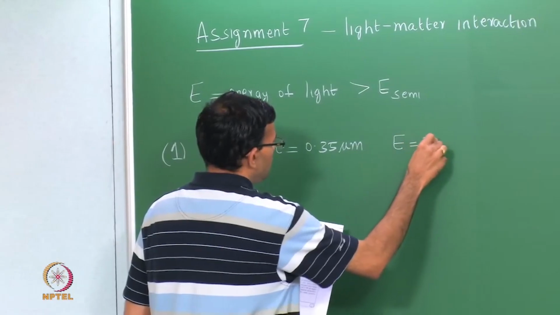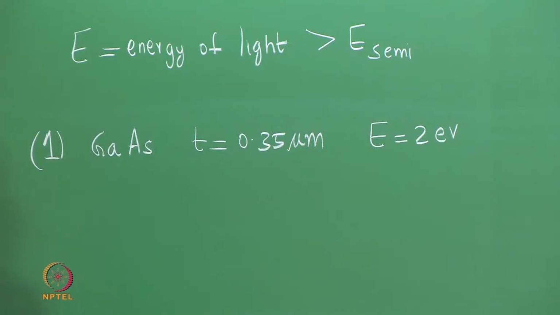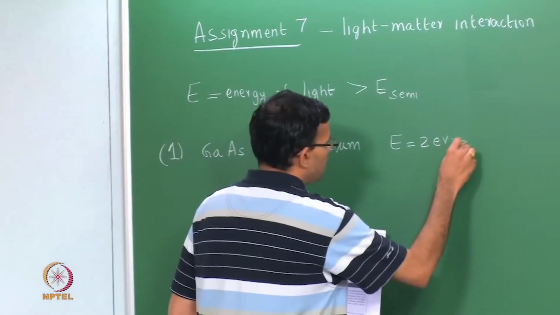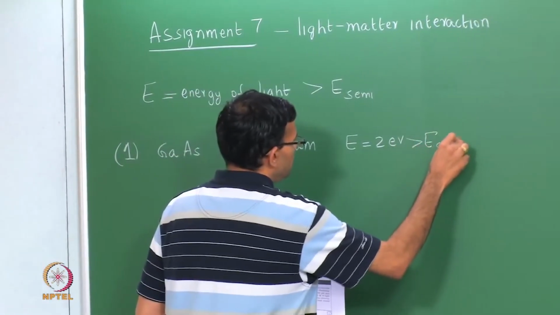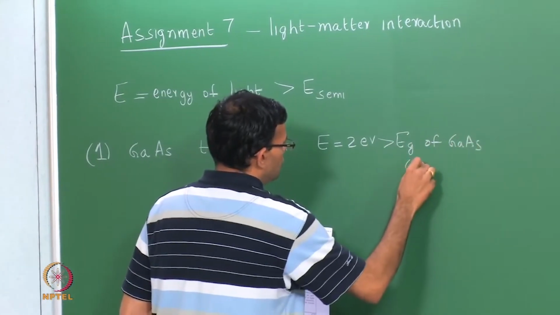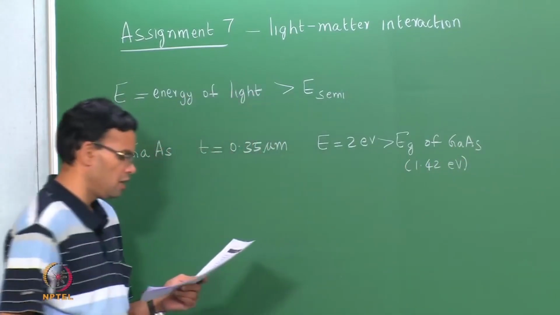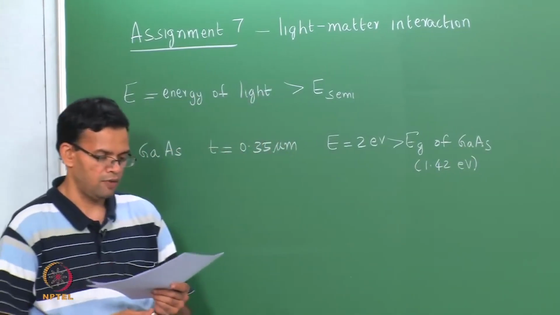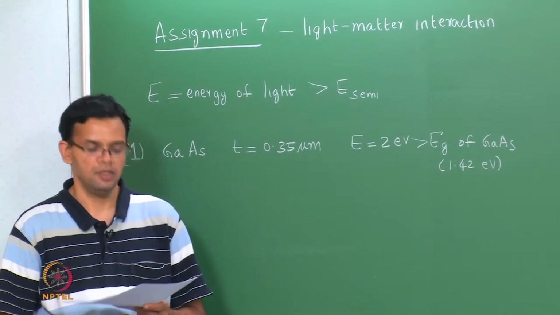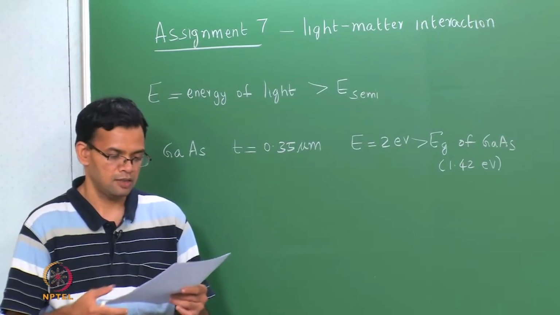So, energy E is 2 electron volts. This is greater than the band gap of gallium arsenide, Eg of gallium arsenide, which is 1.42 electron volts. Determine the percentage of light absorbed through the sample, and we want to repeat the same calculation for silicon.